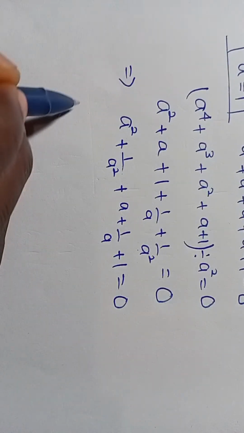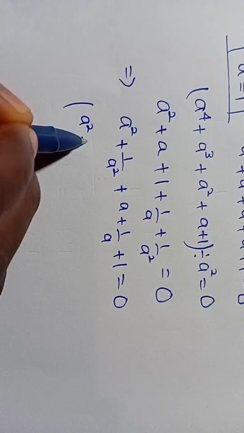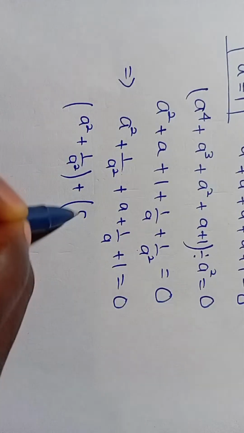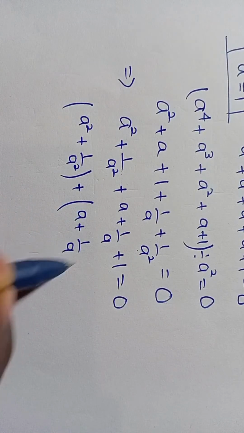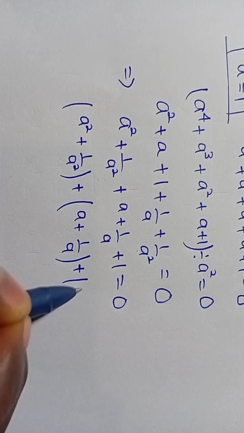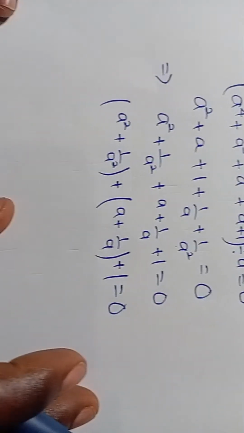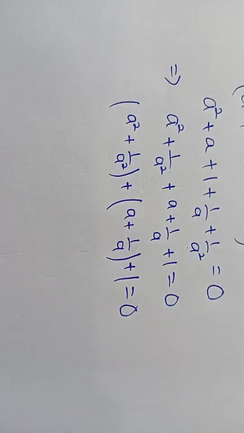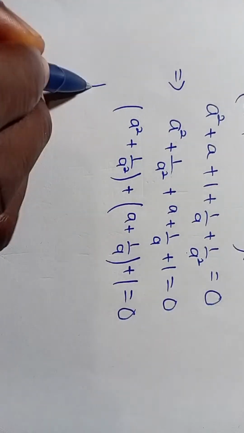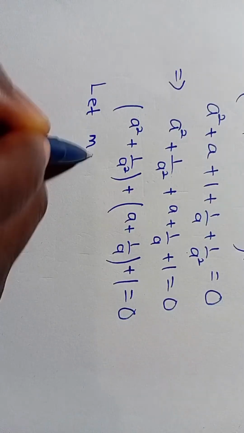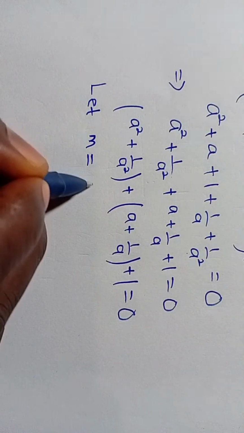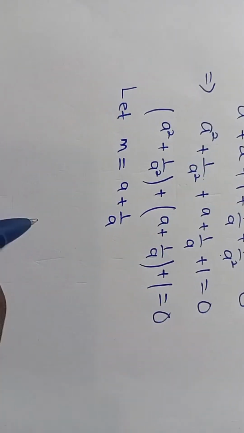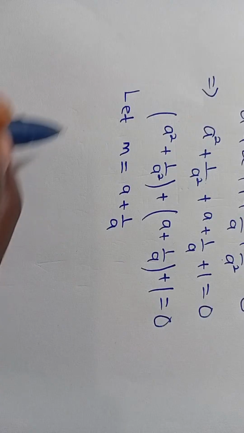Having them in parentheses, so we're going to have A squared plus 1 over A squared, A plus 1 over A, plus 1 equals 0. So from here, let M be equal to A plus 1 over A. If our M equals this, let's square both sides.